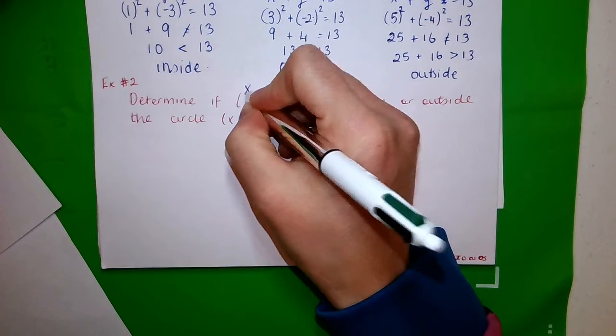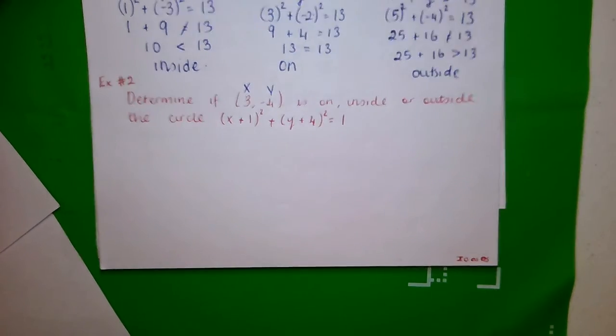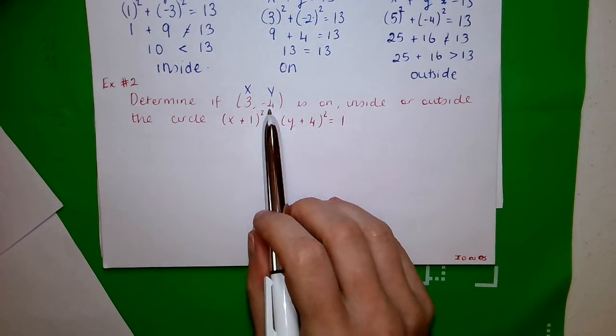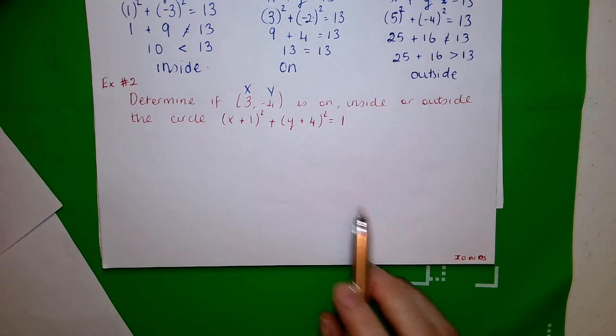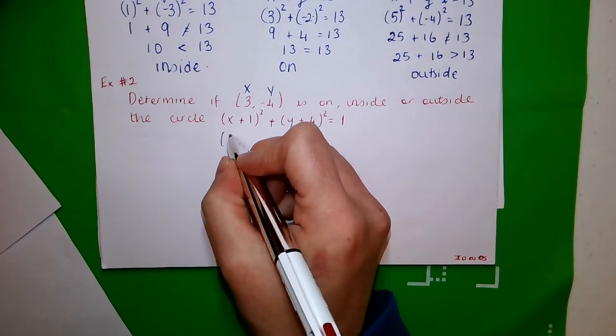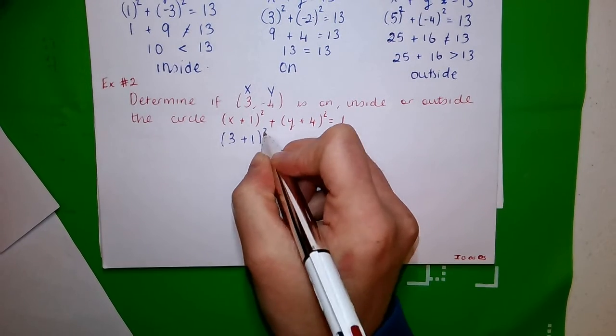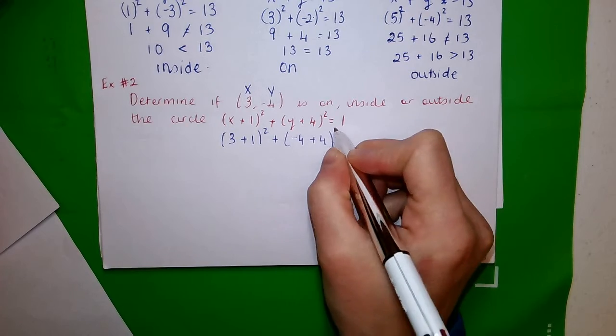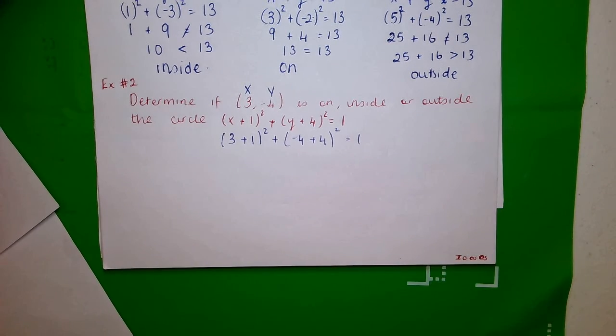We're going to start off by labelling the points x and y, and everywhere we have an x in the equation we're going to sub in 3, and everywhere we have a y we're going to sub in -4. So here we have (3 plus 1) squared plus (-4 plus 4) squared equals 1.